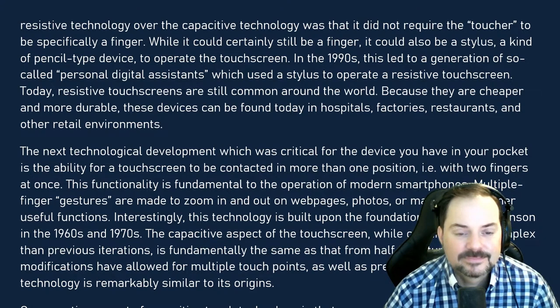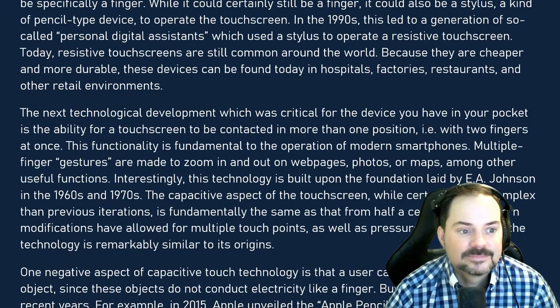In the 1990s, this led to a generation of so-called personal digital assistants, which use a stylus to operate a resistive touchscreen. Today, resistive touchscreens are still common around the world because they are cheaper and more durable. These devices can be found today in hospitals, factories, restaurants, and more retail environments.